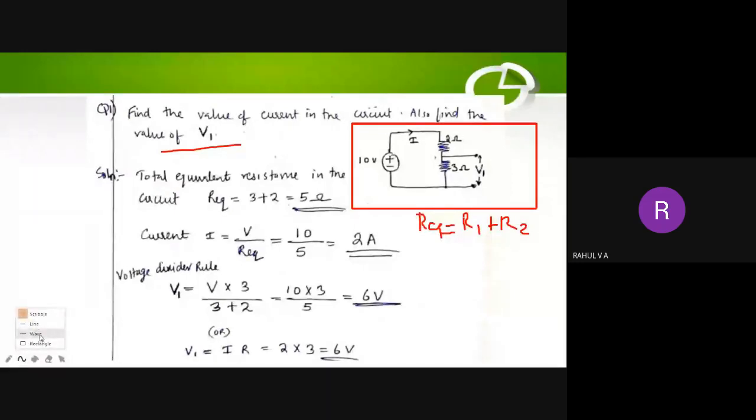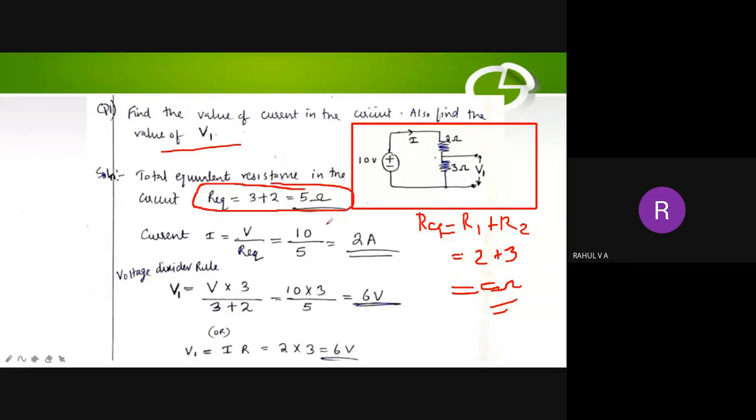R1 is 2 ohm and R2 is 3 ohm. So the total resistance is 5 ohm. So in this series circuit, the total resistance we got is 5 ohm.